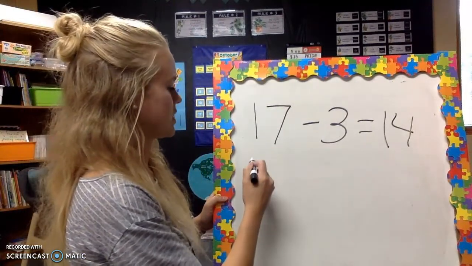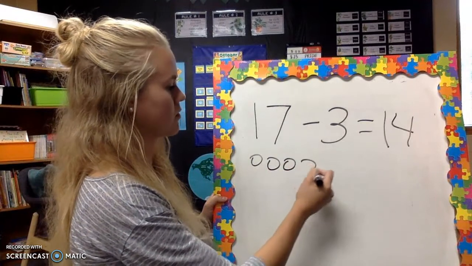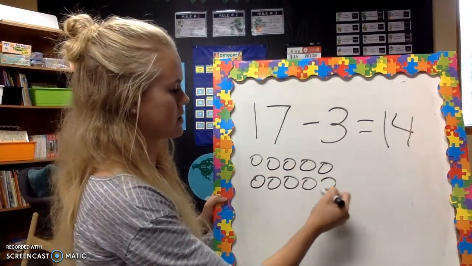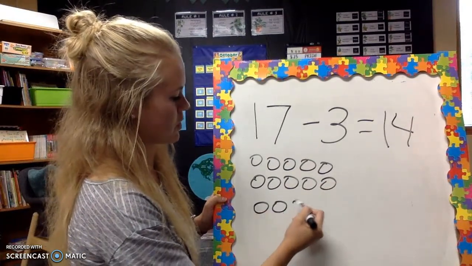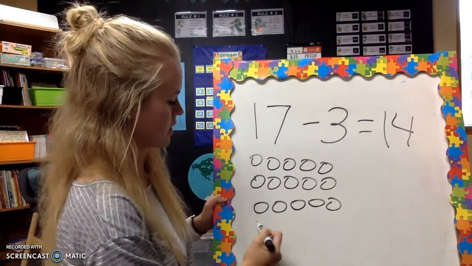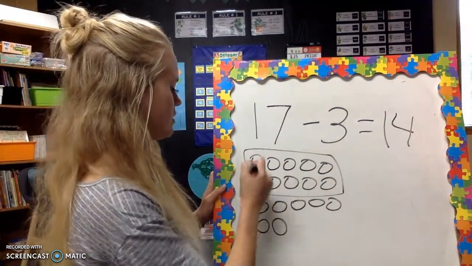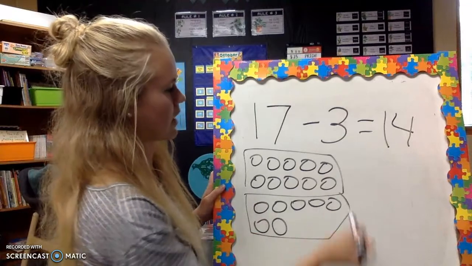Now I'm going to show you how you can solve this problem by drawing pictures. I'm going to draw 17. 1, 2, 3, 4, 5, 6, 7, 8, 9, 10, 11, 12, 13, 14, 15, 16, 17. These also kind of look like 10 frames, if you want to think about it like that.